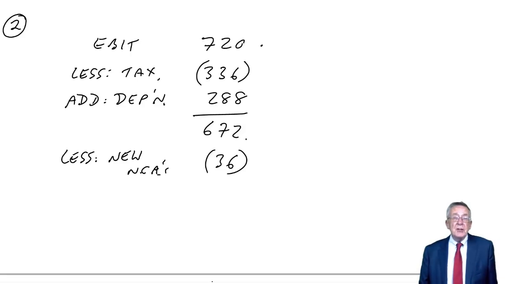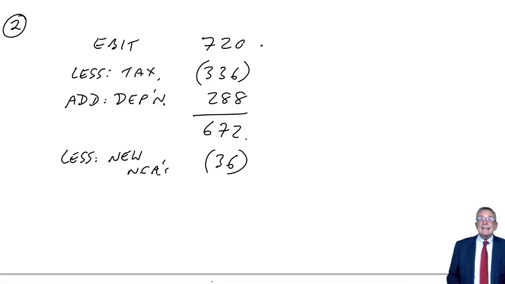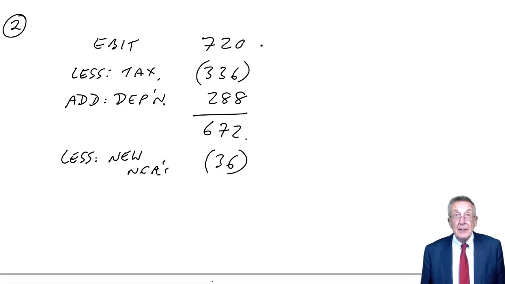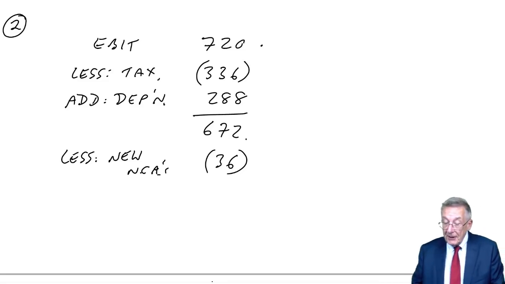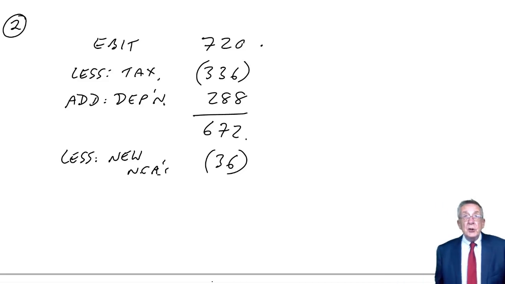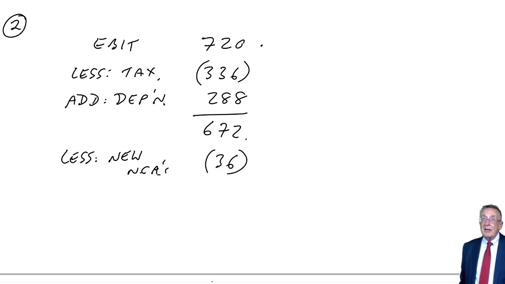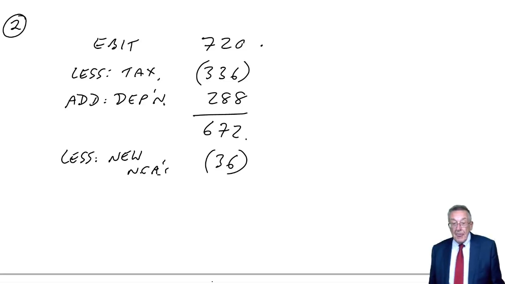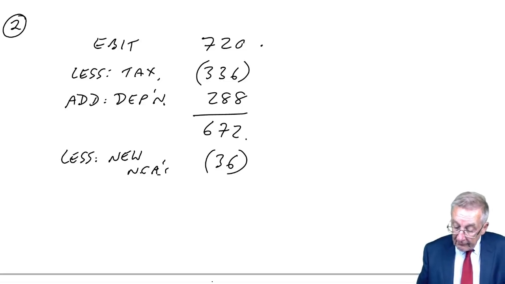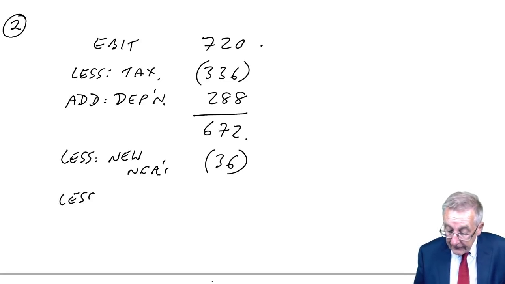Now here an assumption, but it's one I've mentioned before, and it's something your examiner always assumes. He always assumes, and usually writes it in the question, that we'll need to spend money maintaining our existing non-current assets of an amount equal to the depreciation charge. And so we need to subtract that.